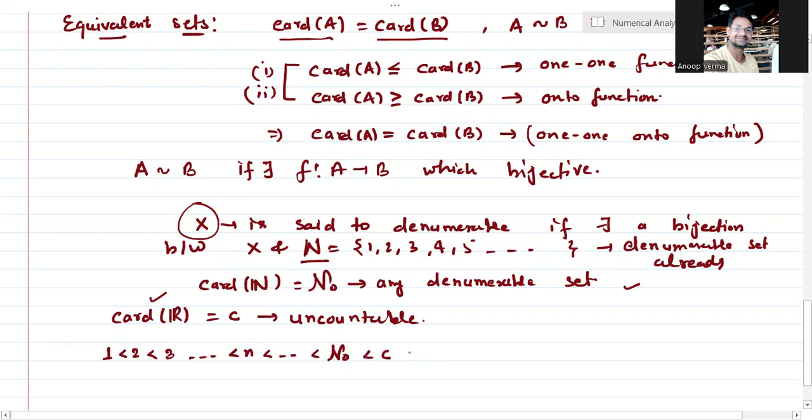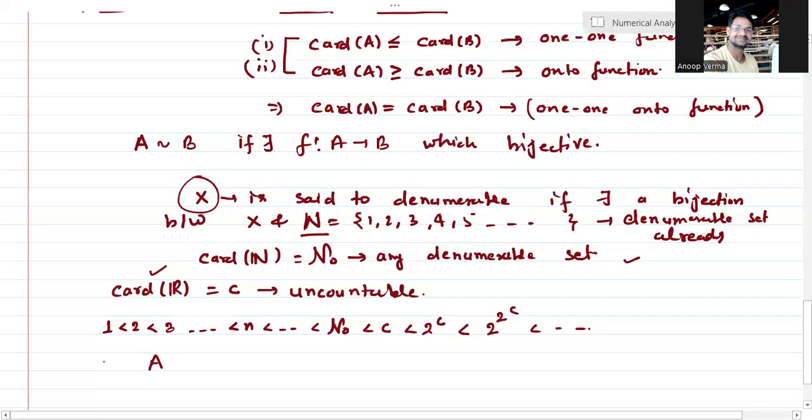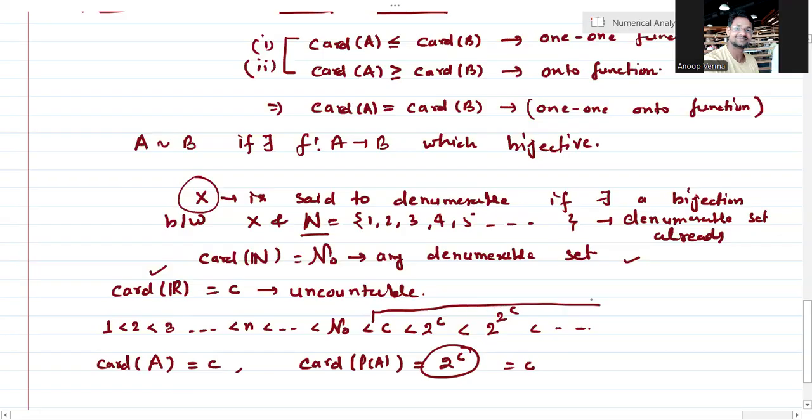Then after that we have 2 to the power C. How can we say this? If I take a set A with cardinal number C, and we want the cardinal number of its power set, it is 2 to the power C, which is not equal to C; it is more than C. If the cardinal number is greater than or equal to C, that type of set is said to be uncountable.